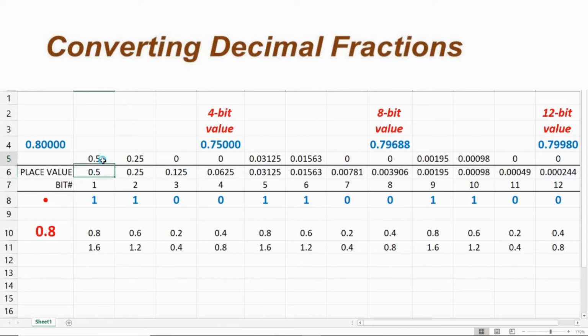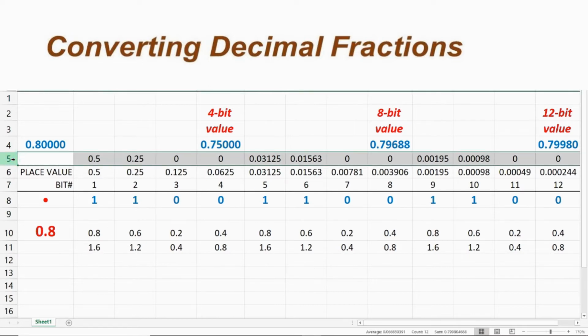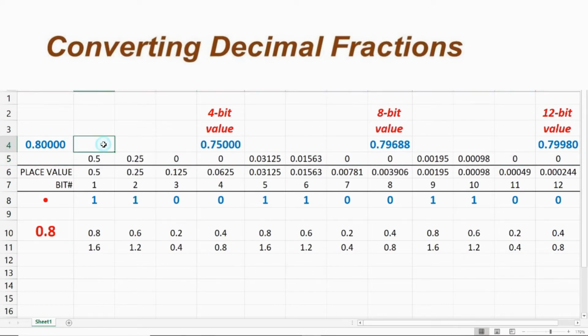So we multiply the value of the bit with the place value and put it here. 1 into 0.5 is 0.5. 1 into 0.25 is 0.25, 0 into 0.125 is 0, 0 into 0.0625 is 0, 1 into 0.03125 is 0.03125, and so on and so forth. These are the products. So now if I take the sum of the first 4 bits of the binary value, that is what is represented by this 1100, I get 0.75.